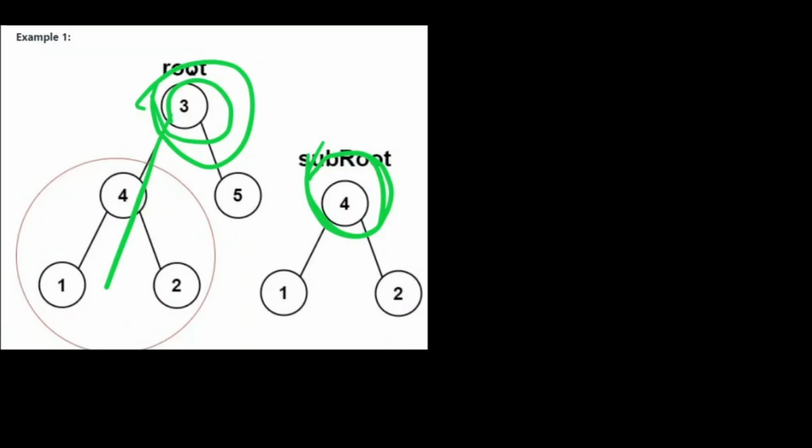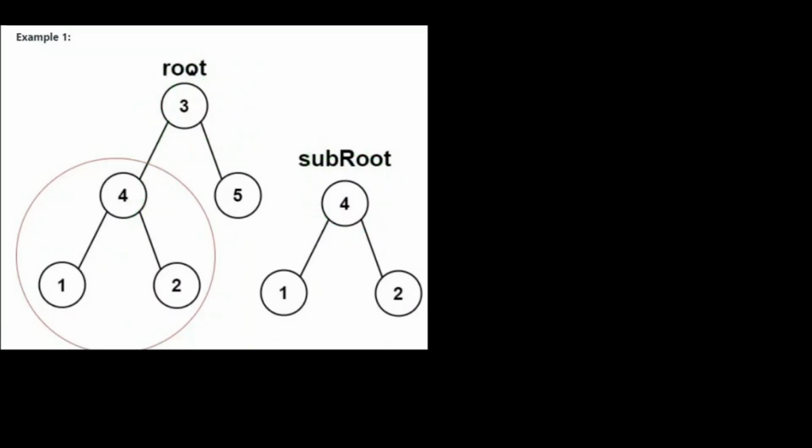But in this case, we know that the subtree might not occur at the root, but one of the children might be a viable subtree, right? So we want to check. The first step of the algorithm is just to check if the first root is the same as the subroot. If it is not, then we go ahead and traverse the root given, either its left subtree or its right subtree.